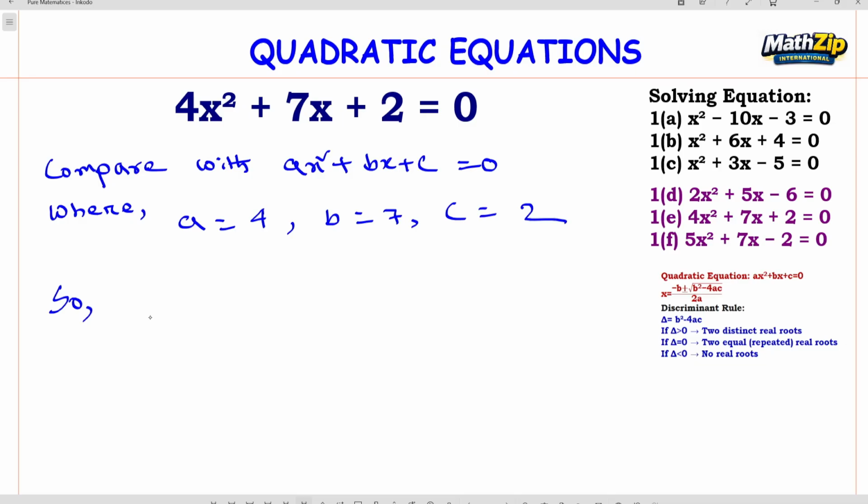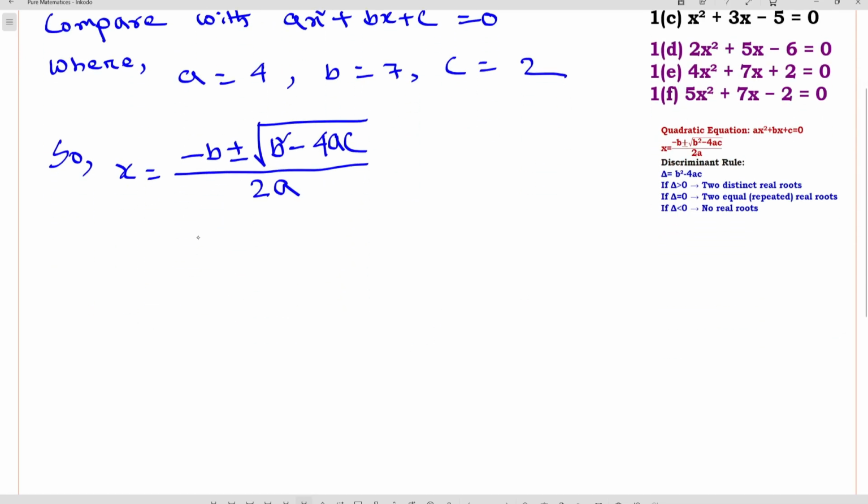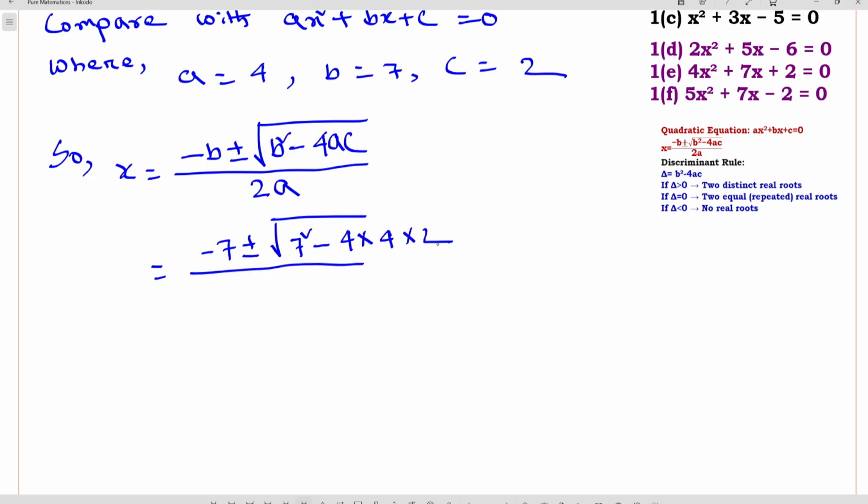So x equals minus b plus minus root over b² minus 4ac divide 2a. Okay, now minus b means minus 7, plus minus root over b², it means 7² minus 4 times a, 4 times 2, right? Divide 2a, it means 2 times 4.